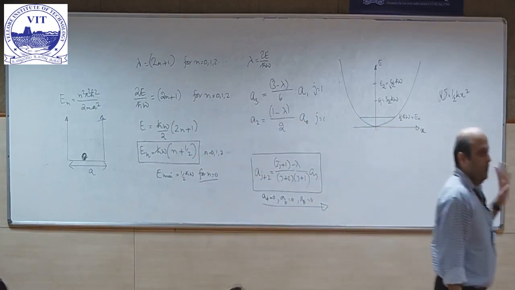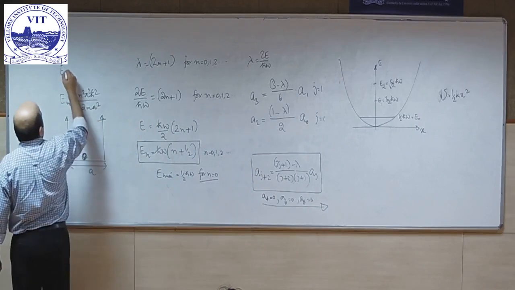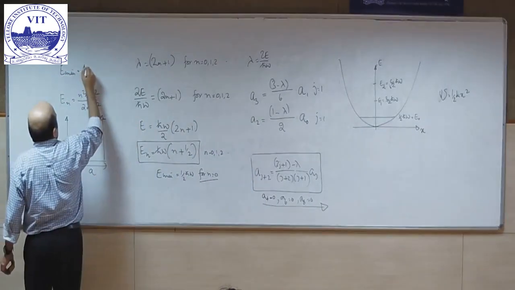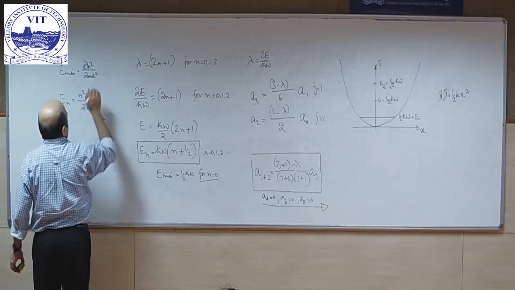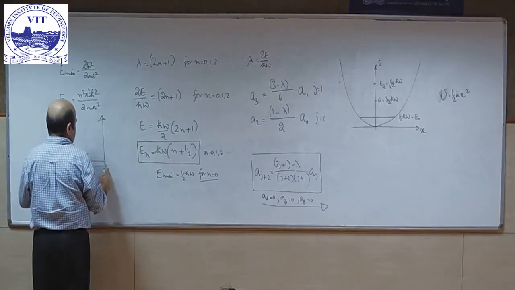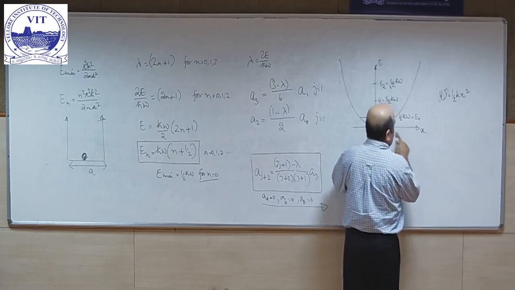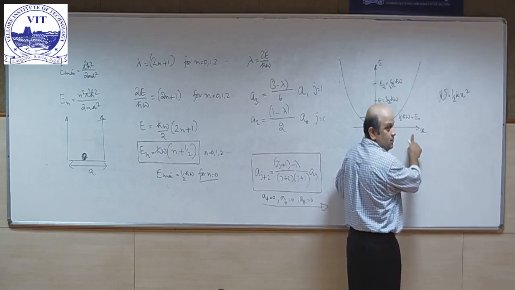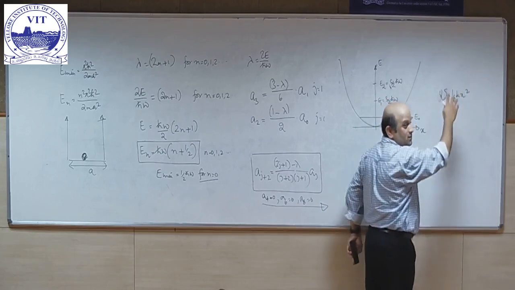Okay. N equal to 1 corresponds to pi square. E minimum was pi square h bar square divided by 2m a square. While A is constant here, A in the oscillator is not a constant, remember, it is actually the amplitude of oscillations. So you can also write this as half k A square, for example.